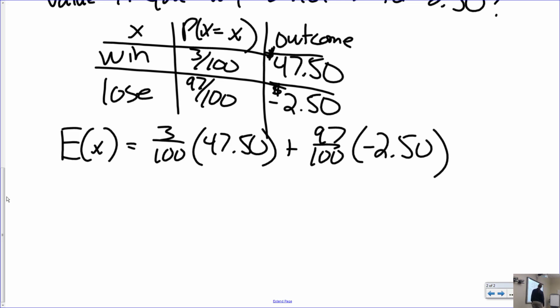Alright. Negative 1, that sounds about right to me. That's what you guys got? Okay, excellent. So the expected value when you buy 3 tickets for $2.50 is you lose $1.